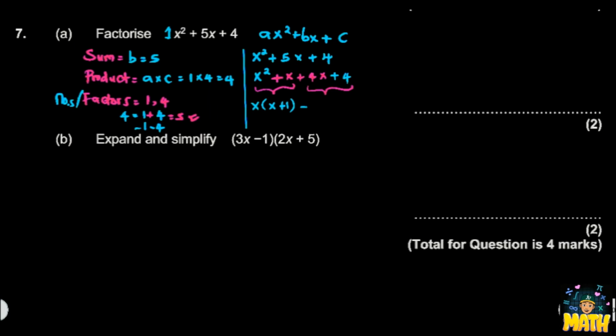So when I factor out x, I remain with an x and a 1. And then 4 is common. I remain with x and 1. So remember the trick, guys. The two brackets will always have the same expressions. Okay, so we factor them out and we remain with x plus 1 and x plus 4 as the last expression.